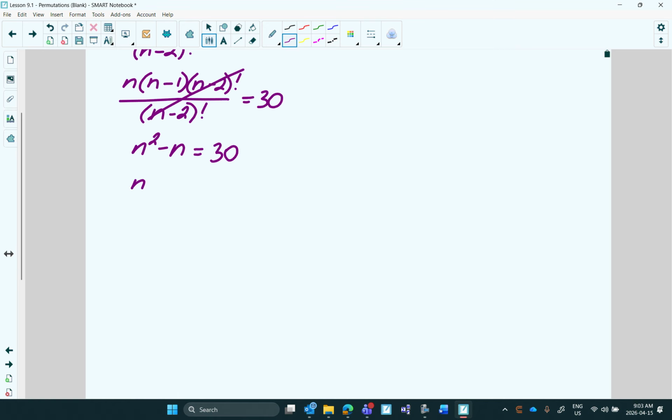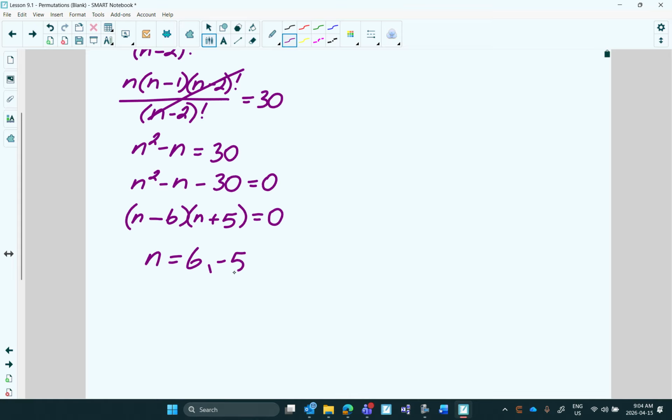So n squared minus n minus 30 equals 0. And what do we get? Minus 6, plus 5. Which means n equals 6 or negative 5. But n always has to be positive, doesn't it? We can't have a negative. So the only answer is 6.